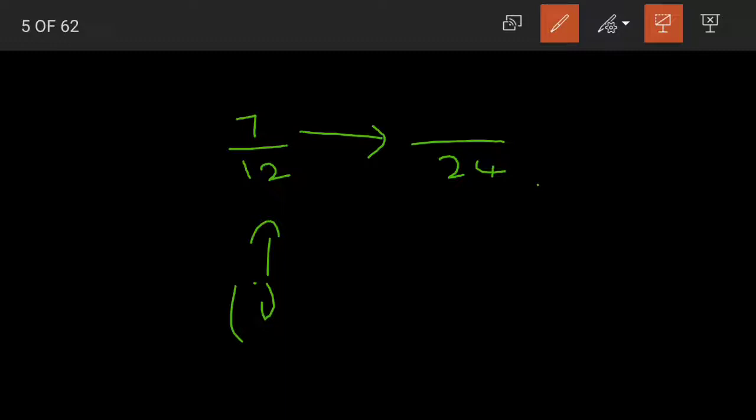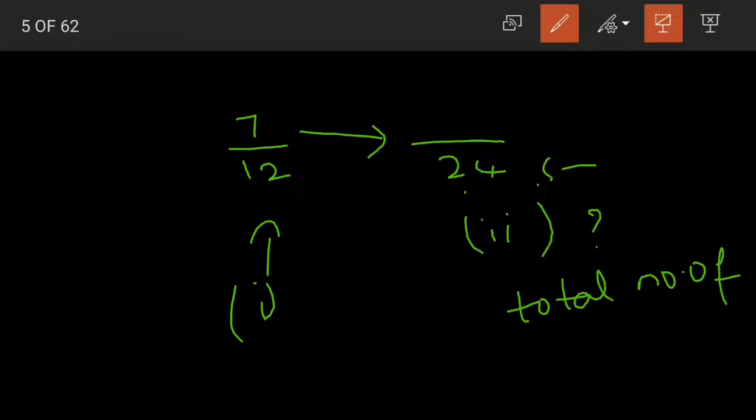Now we already know the denominator here is 24 for figure 2. How? Because the total number of parts it is divided into is 24. Yes, it is 24. So that 24 becomes our denominator. We have to find out the numerator. See, how can we get this 24 here? 12 into 2 is equal to 24.